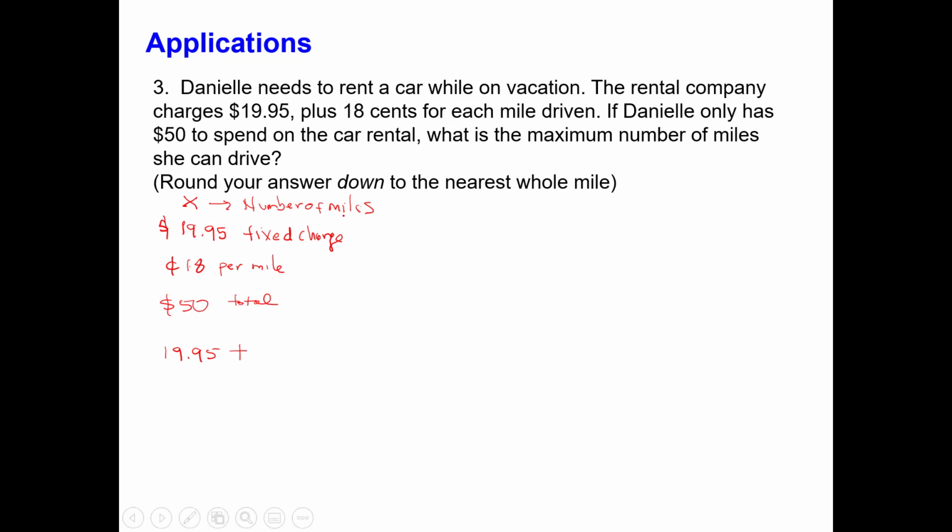Now we need to be careful because here we had dollars, but here it is cents. Then we need to convert this into dollars. We can write 18 cents like 18 over 100.